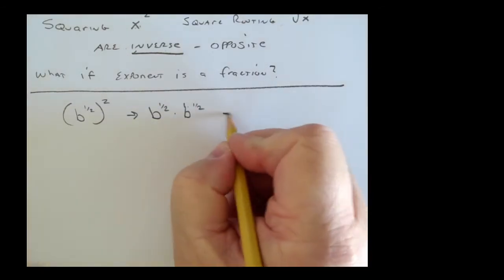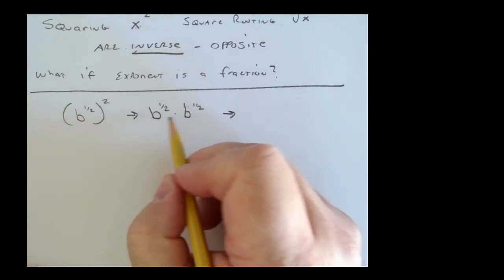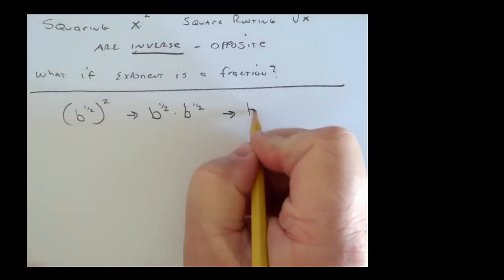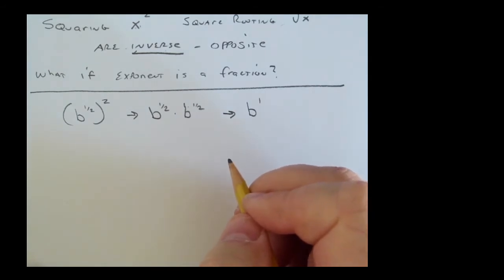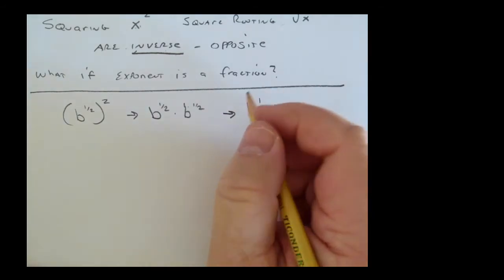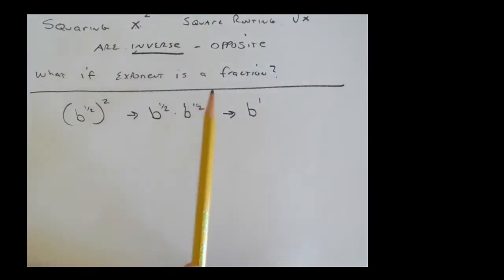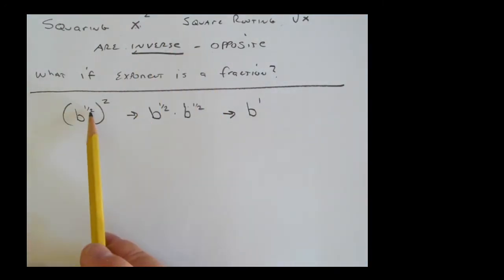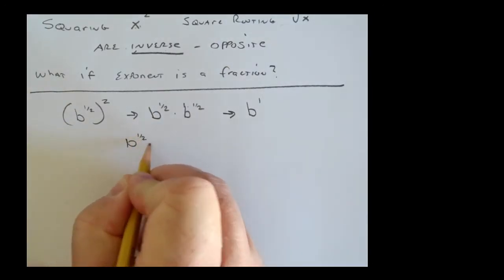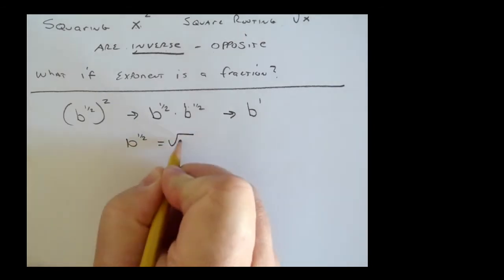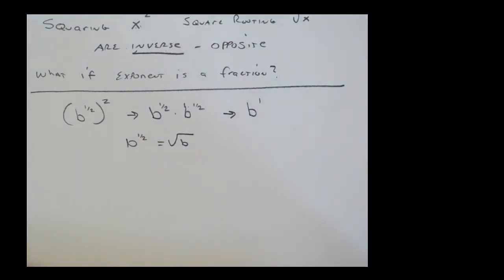And what's our rule with exponents? Common base, we add the exponents, b to the 1. So we can figure that out, that shows that b to the 1/2 is equal to the square root of b.